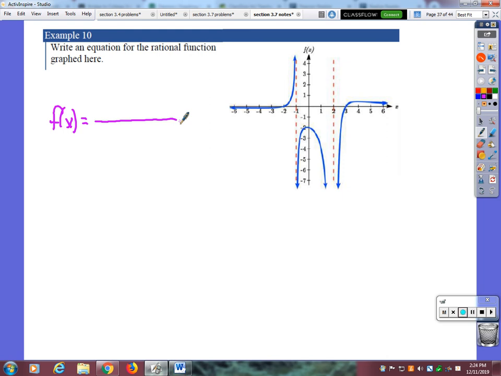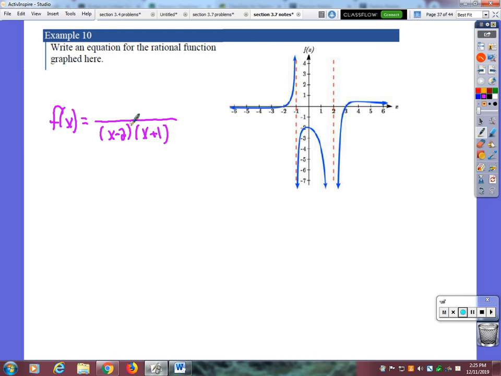Okay, what's on the bottom? x minus 2, x plus 1. What do we know about the x minus 2? It's got to be squared because on both sides of this asymptote, the graph is going in the same direction.